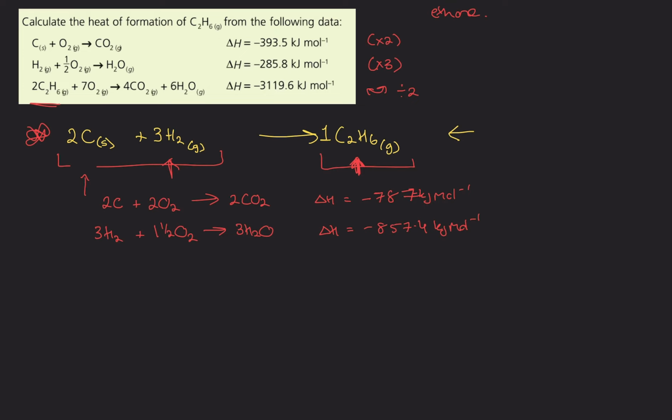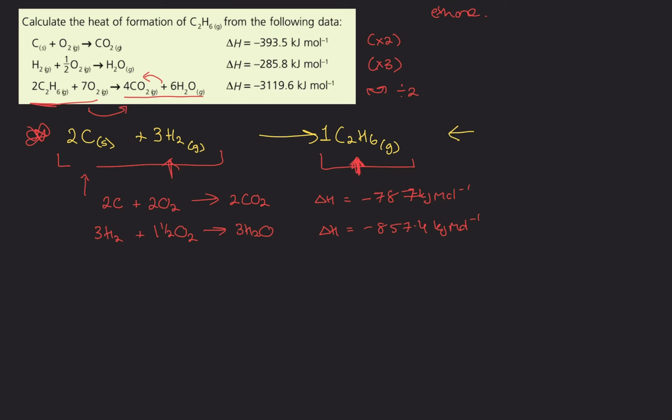So let's do that. What I mean by reverse is you move the products here over to the other side, and you move the reactants over to this side. Okay? So you take everything on the left hand side, move it to the right hand side, everything on the right hand side, move it to the left hand side. So I'm going to do that, and at the same time I'm going to divide it by 2.